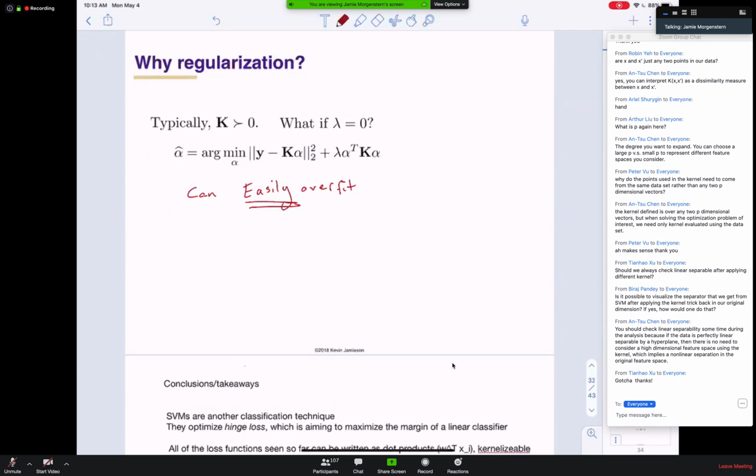And even if it's not explicitly operating in that high-dimensional space, the fact that it's able to express dot products in that high-dimensional space suggests that it's maybe a complicated enough beast that it might act a little bit more like that high-dimensional thing in terms of how well it'll generalize.